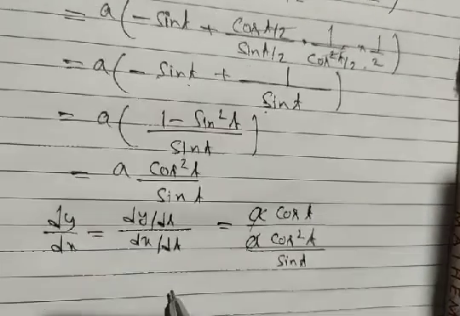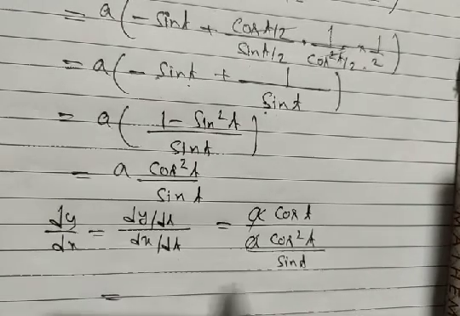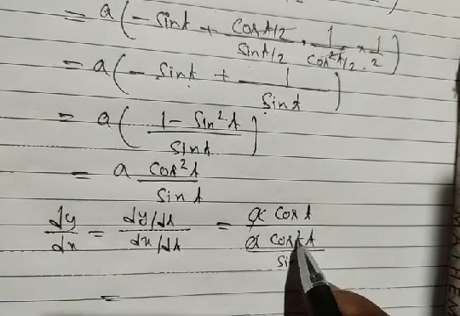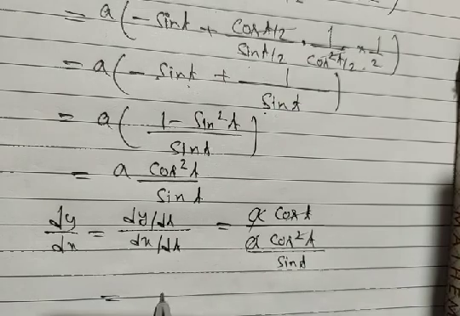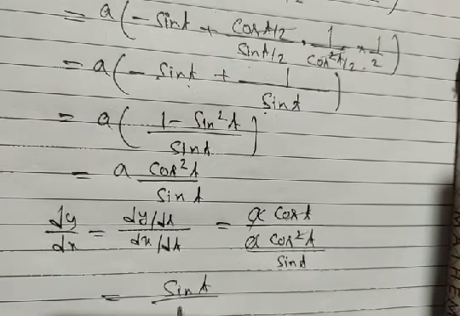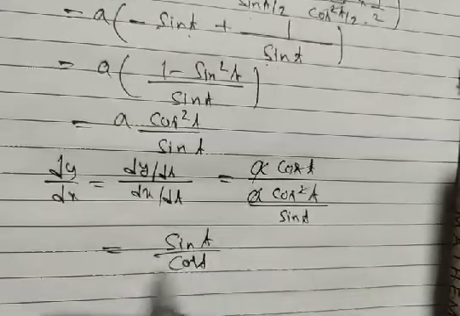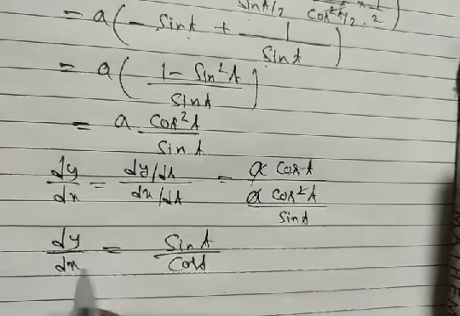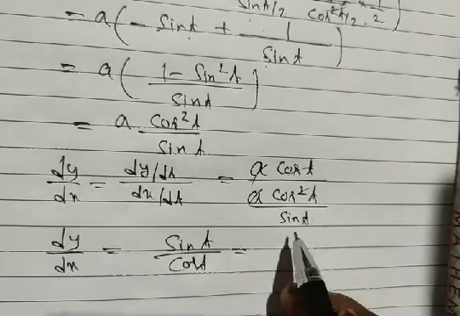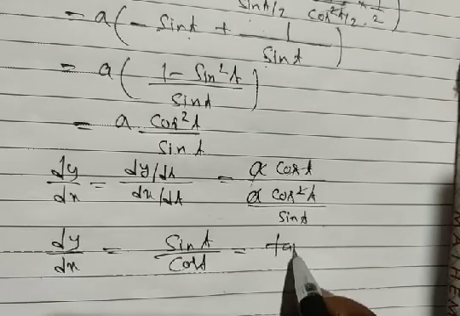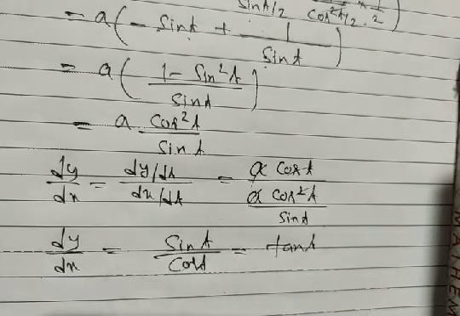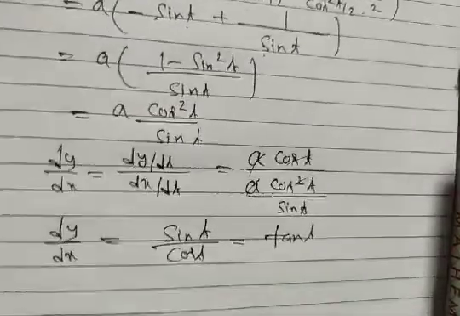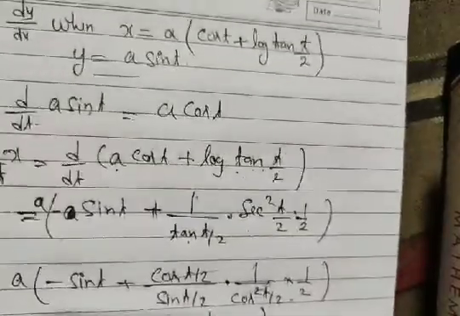This a is cancelled out. Now we are going to cancel this cos t. Then after solving, we get sin t upon cos t. Then our dy/dx is sin t upon cos t. What do we have? It's our tan t. This is our required result. Now we are going to move on to another example.